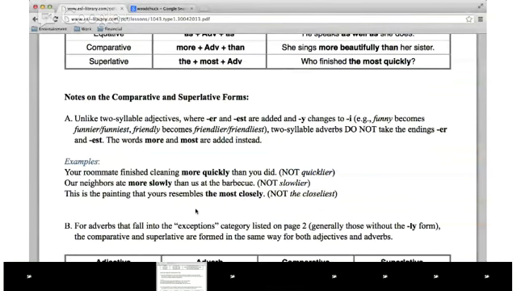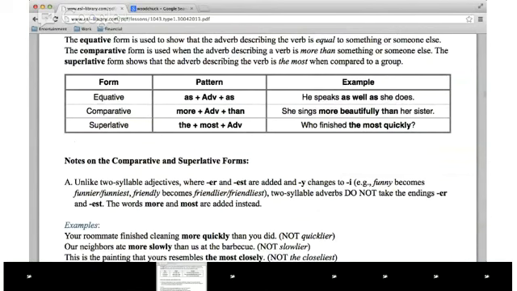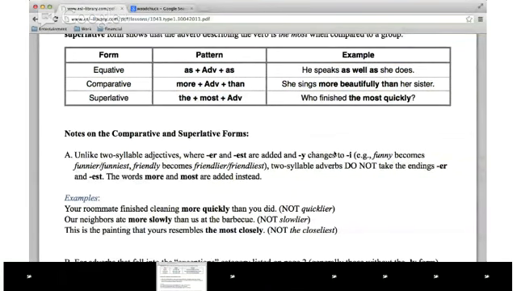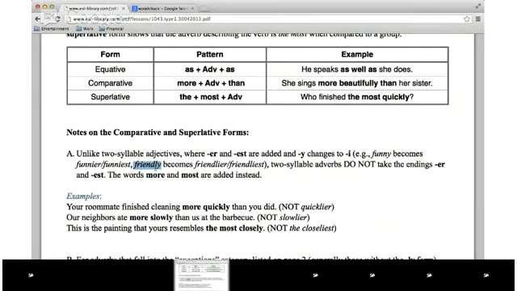Okay, good. All right, so yes, take a look at this chart here. This is important, but the most important thing here that's explained is the two syllables and one syllable. So how do you know if something has two syllables? It's going to have two vowel sounds. When you have friendly, that's two syllables.